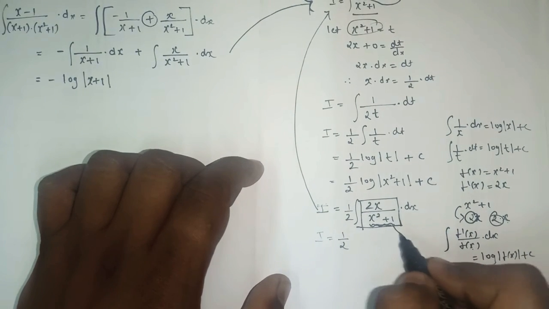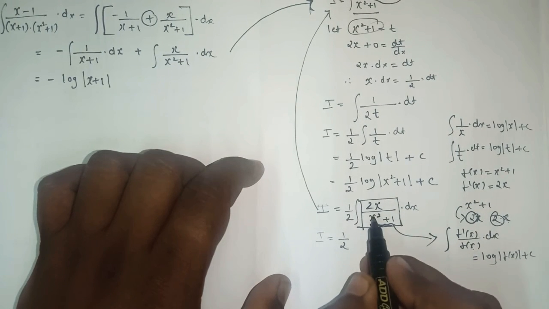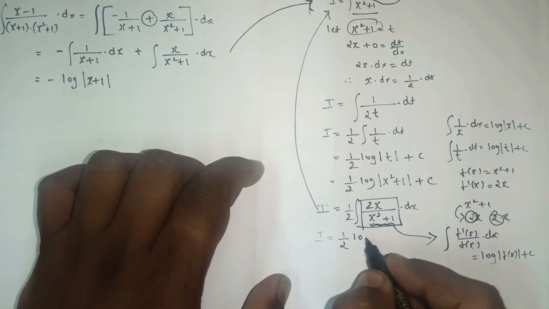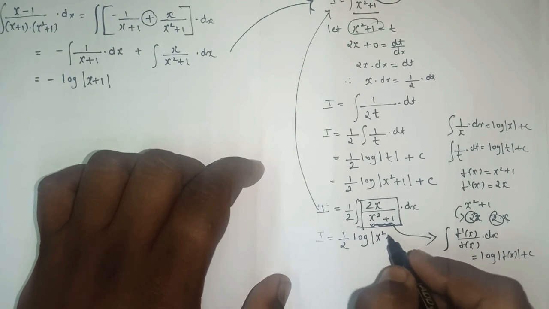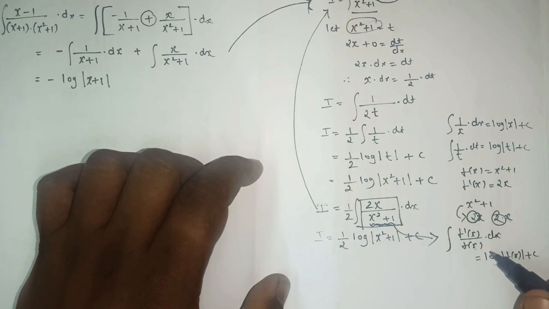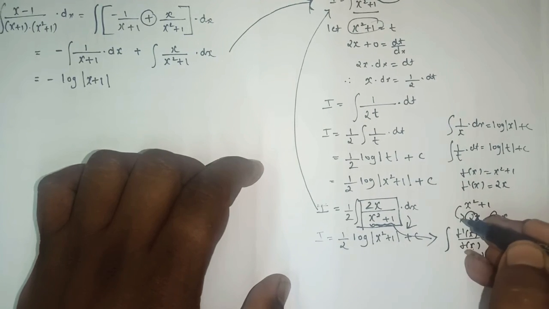As it looks perfectly like this numerator is f dash x and this is f of x. So if it matches this property, we can apply the property directly, that is log mod f of x plus c. Just by using this property we got our answer in just 2 steps.